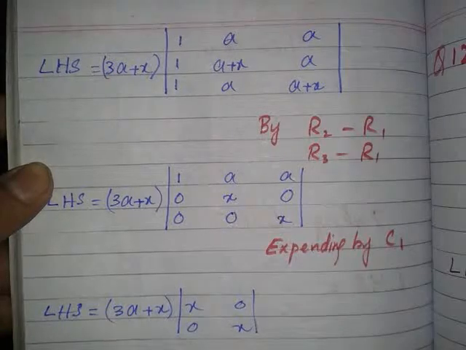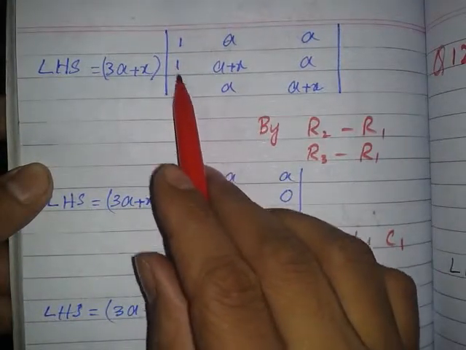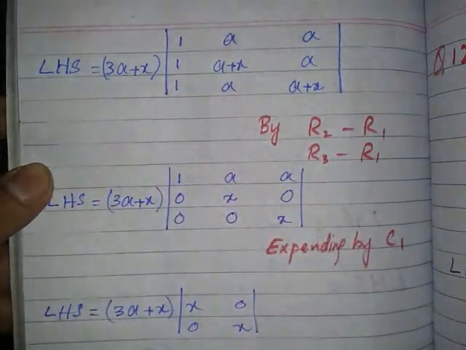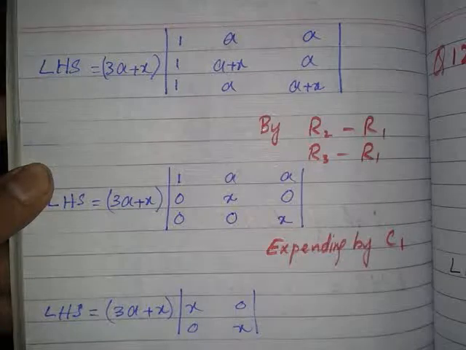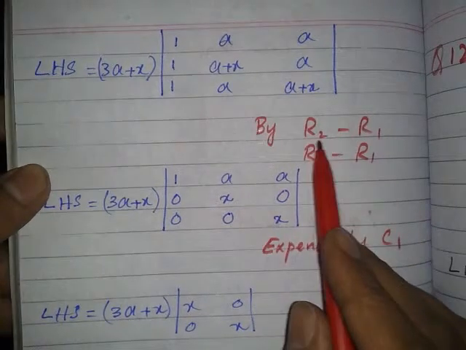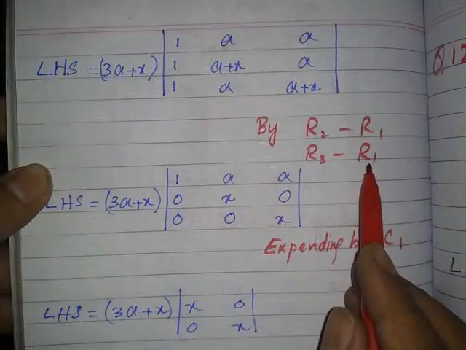Whenever there is 1, 1, 1, we make the last two ones as 0 by using another property of determinant, which is row 2 minus row 1 and row 3 minus row 1.